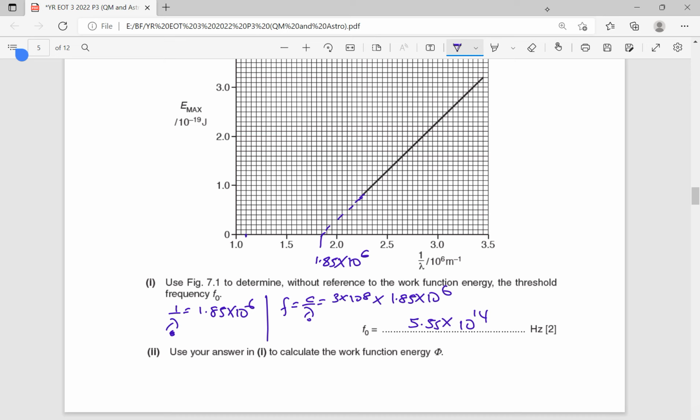Let me try to estimate this. Because I'm not using a ruler, my line may not be very accurate, but you are going to use a ruler, and your line should be very accurate.